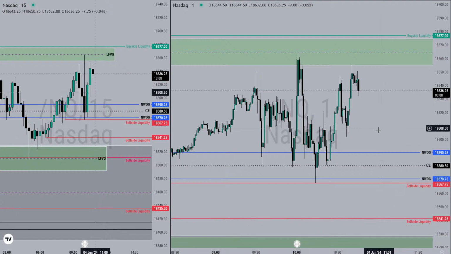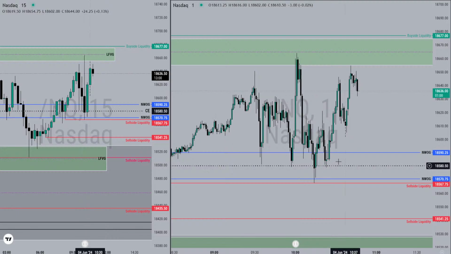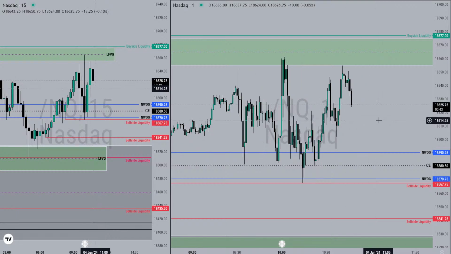The reason is I would love to explain how to actually manage the trade. I don't want to close my trade around the area where I should close. For example, here I should close my trade at least below this low or the low of this new week opening gap. But I won't do that. Instead, I will hold. If I'm not wrong, I'll be able to show you the setup.